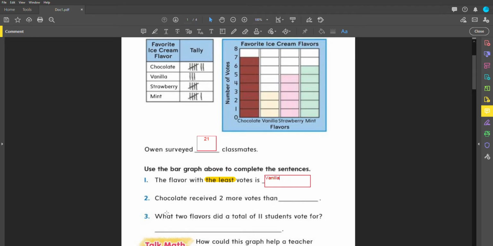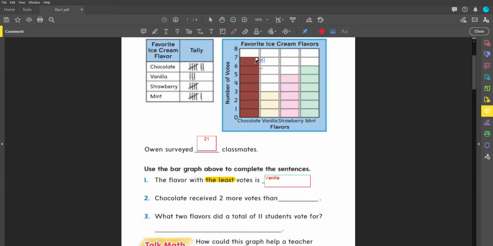Okay. Chocolate received 2 more votes than. What does that mean? Look here. We want to see which one of the flavors the chocolate received 2 more votes than. Is it the mint? What is the difference between chocolate and mint? 1 bar.